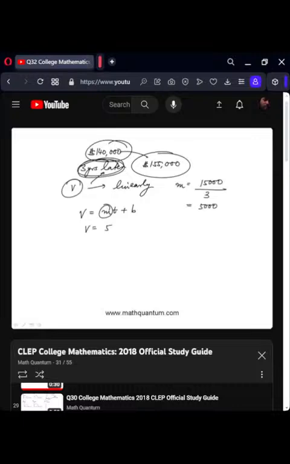So the equation is 5,000 t plus b, and to find this, we know at t equal to 0 the value is 140,000, which means b is 140,000, so the function is 5,000 t plus 140,000. And if I look at the answer choices, this is the same as choice B.